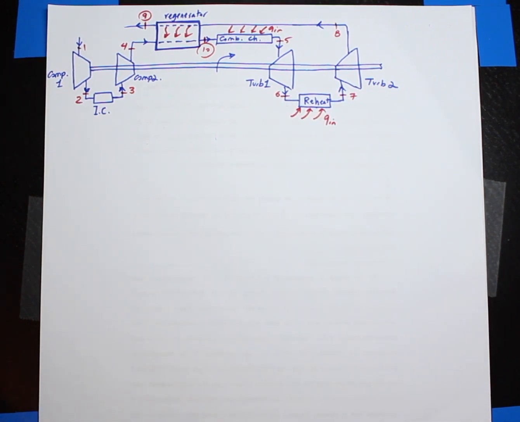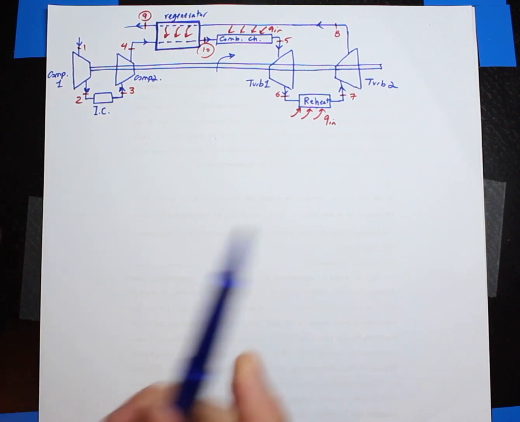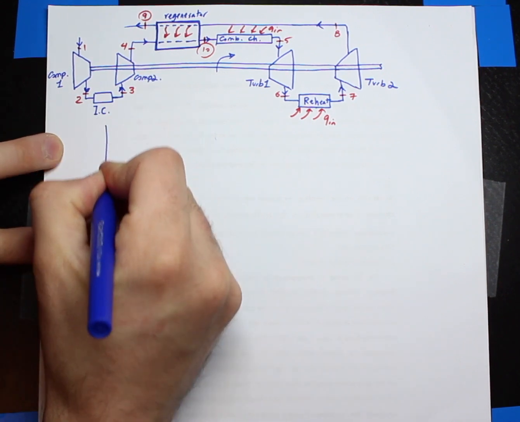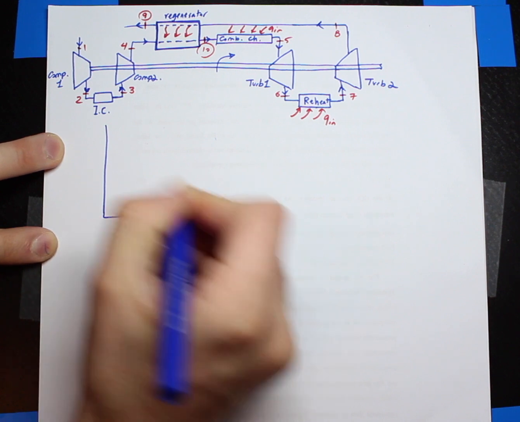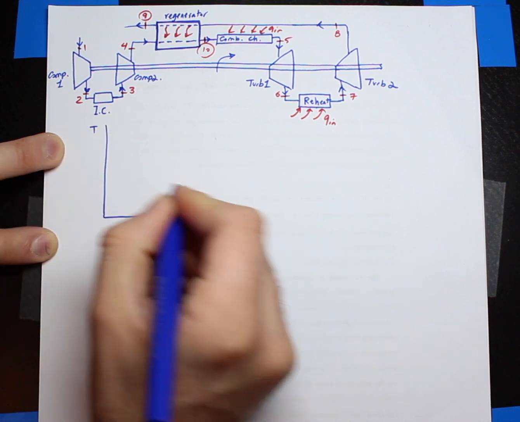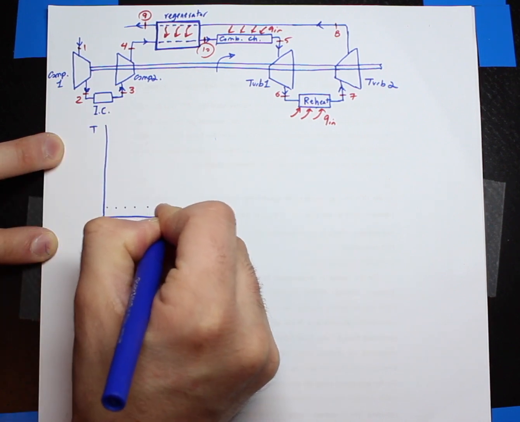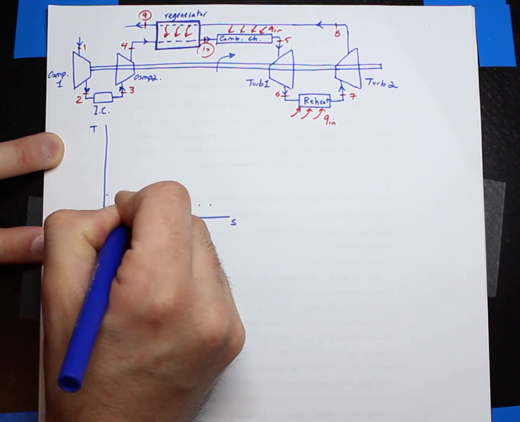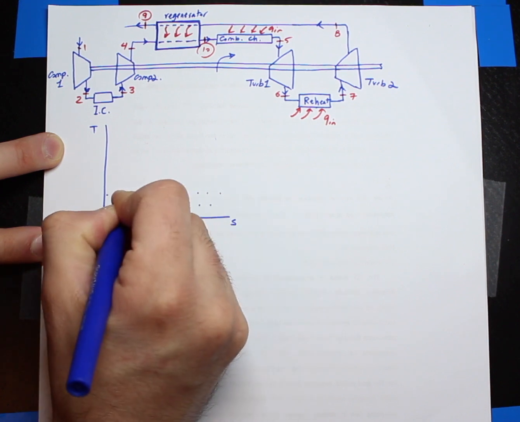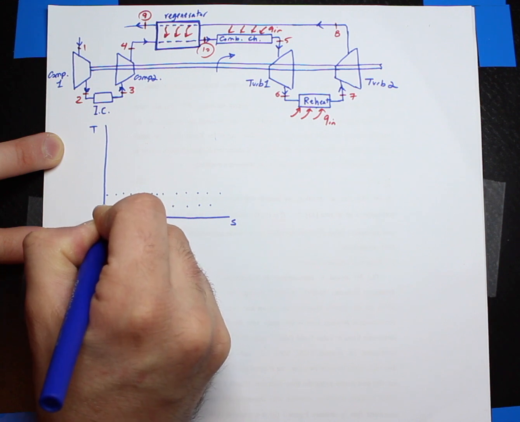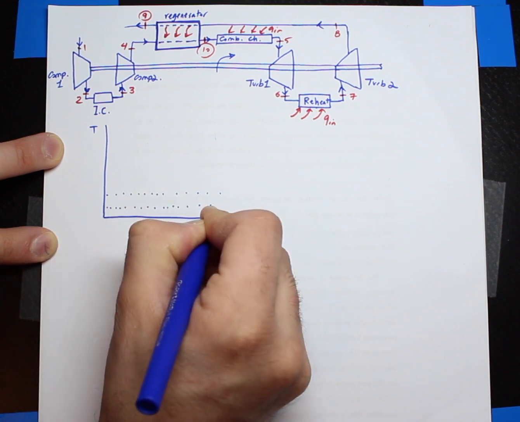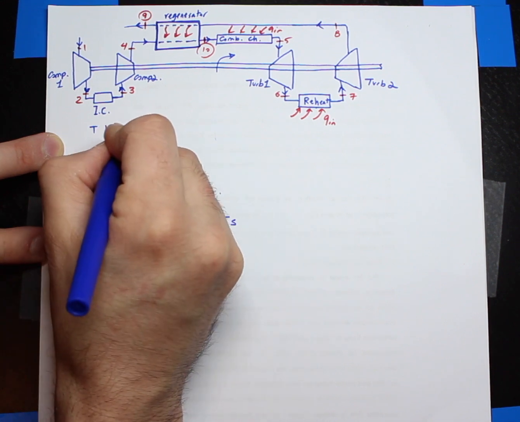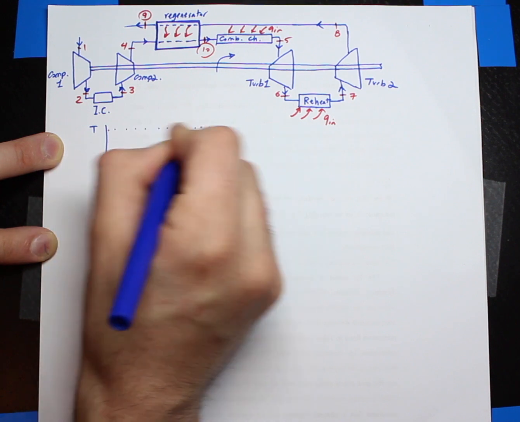All right, so the TS diagram is in fact pretty similar to the TS diagram that we had before. Temperature versus entropy. And also I have 2 high temperature values.